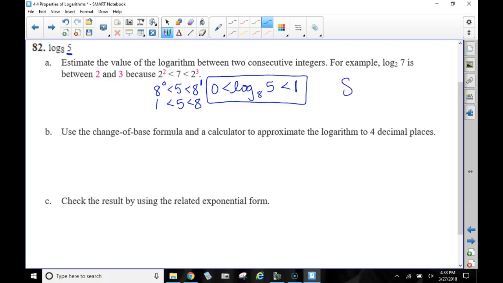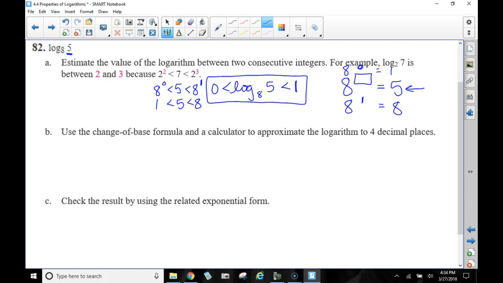Because we're thinking, 8 to what power is going to give me 5? I know 8 to the 0 is 1, and I know 8 to the first is 8, and 5 is in between 1 and 8. So my logarithm is going to be in between 0 and 1. That's what they were wanting us to do on part A. So we're going to get like a point something as our answer.